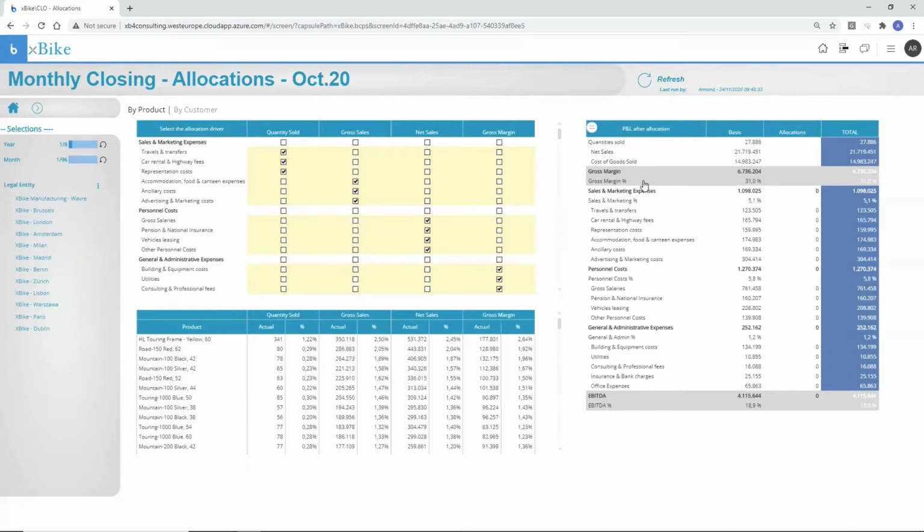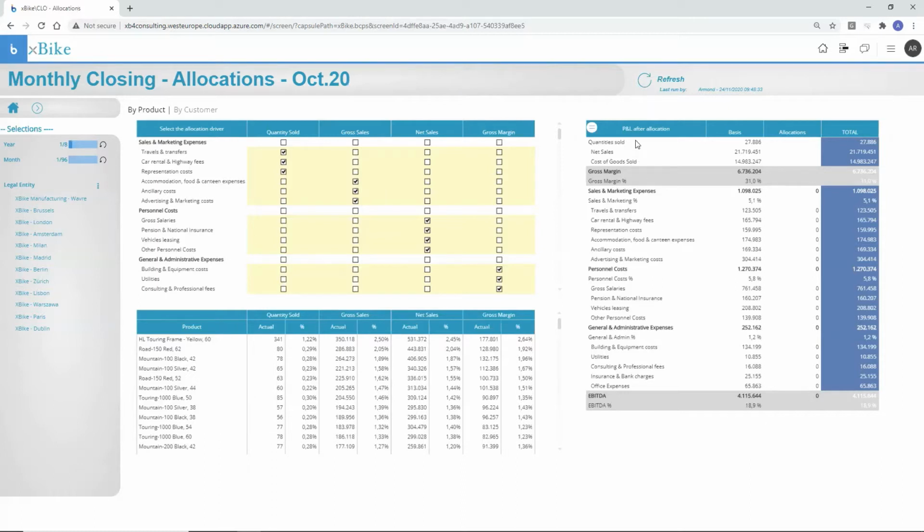And another way is to use more operational drivers, such as, for instance, to allocate the costs by customer. I can collect the information of number of visits per customer, etc., and start using that as allocation driver to do my allocation.